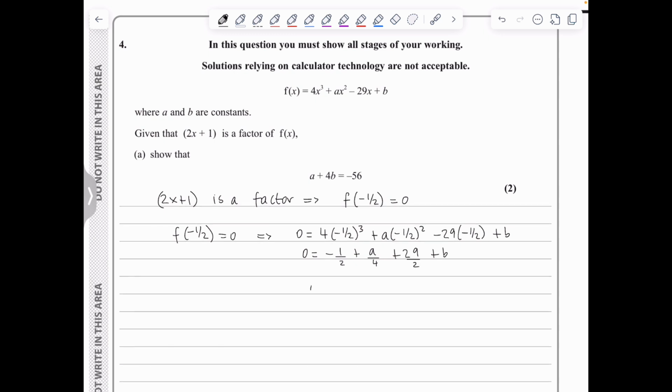Now this leads to 0 is equal to 14 plus a over 4 plus b. I will multiply throughout by 4 to get 0 is 56 plus a plus 4b. And therefore we've got negative 56 is a plus 4b as required.